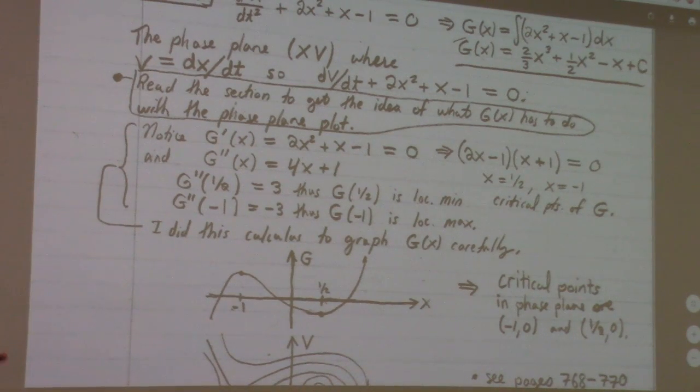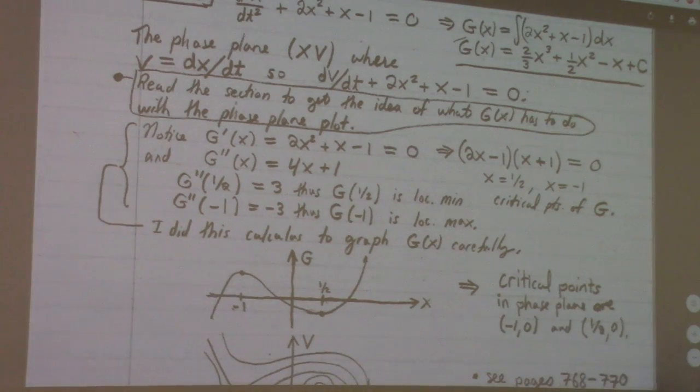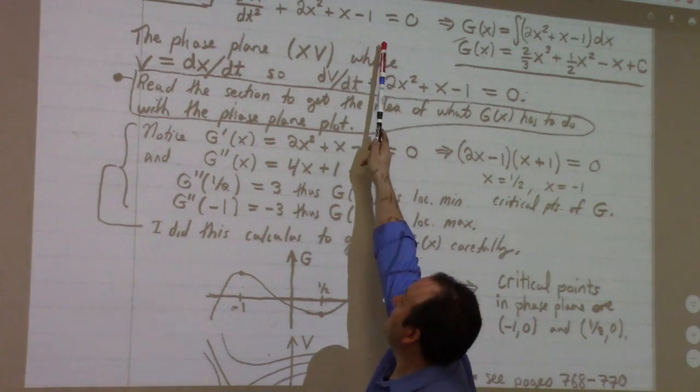So if I solve d squared x dt squared equal to f of x, that would be Newton's equation. The thing is, I've got the 2x squared plus x plus 1 on the same side of the equation as the acceleration. So you have to interpret that, physically speaking, this term is minus the force.